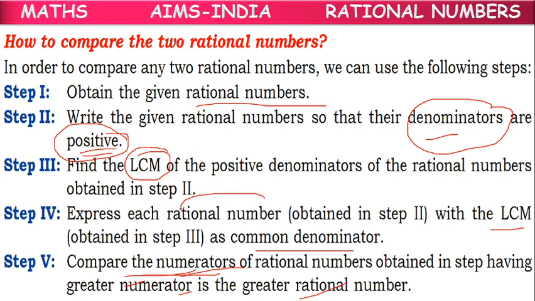Now each rational number is to be expressed with a common denominator. What is that common denominator? Their LCM. Means we make the denominators equal by multiplying with a number such that the LCM will come. Now as the denominators are equal, we compare the numerators. The greatest numerator will be the greatest rational number.